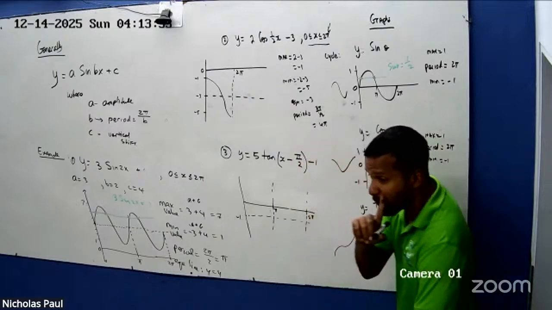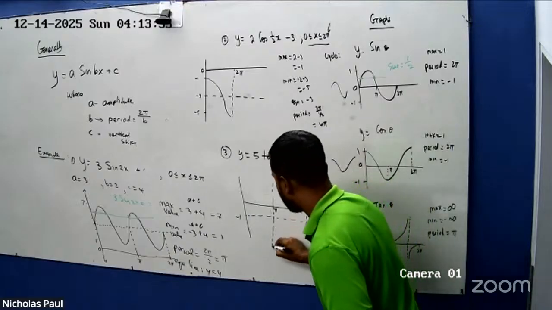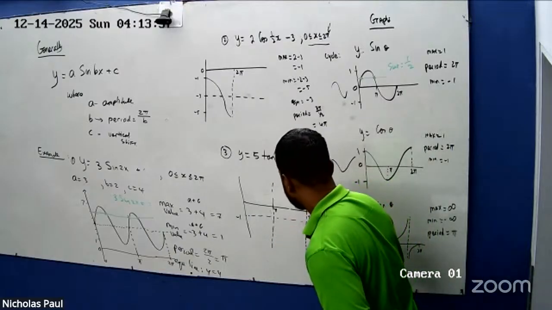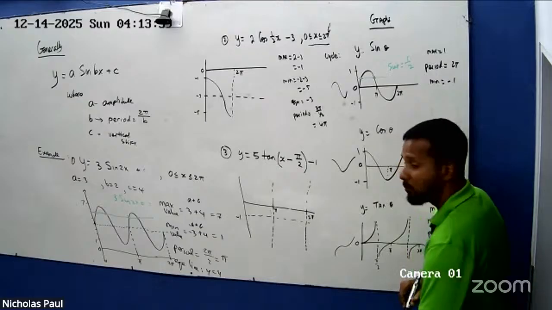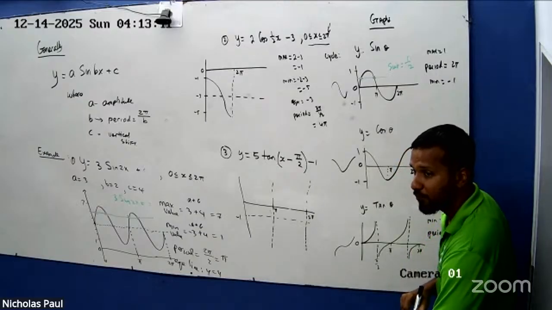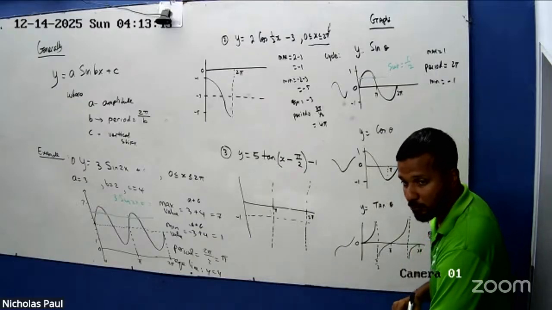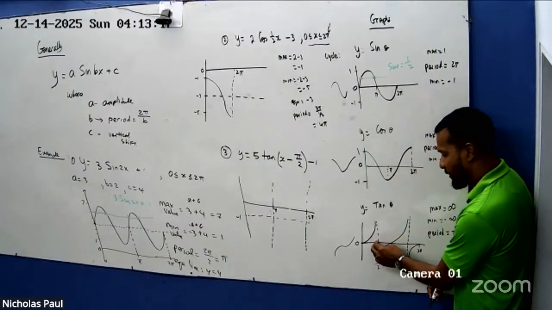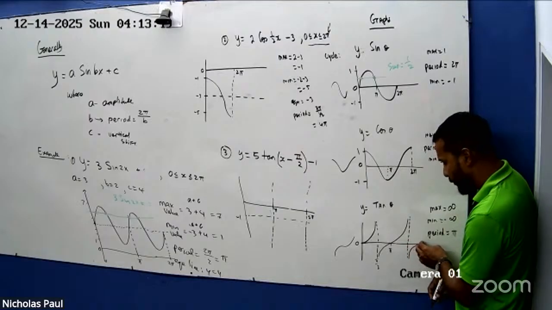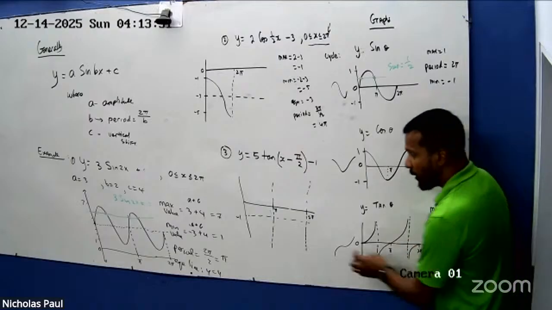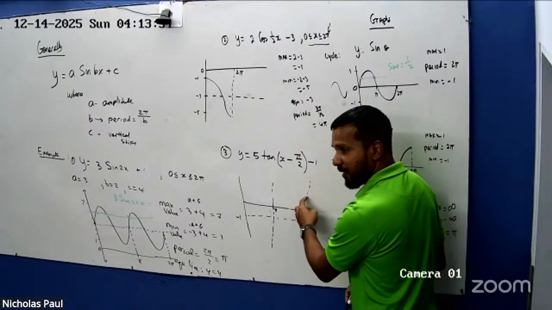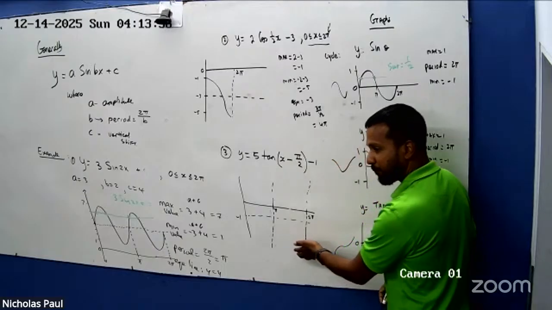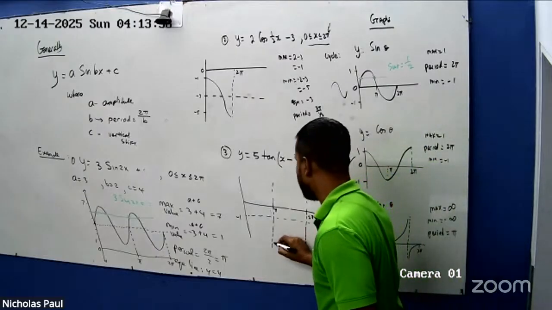So how do I draw the graph? Remember, I shift the asymptote here and I shift the asymptote here. Inside here it should be easy, inside here it should look the same.